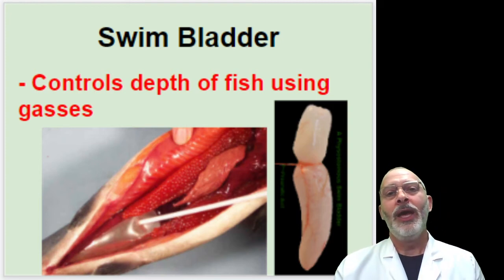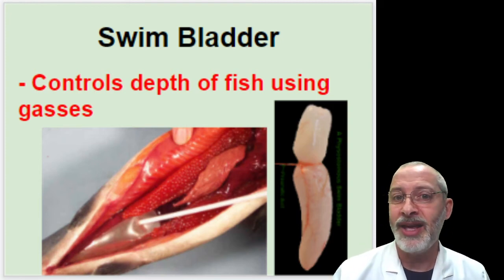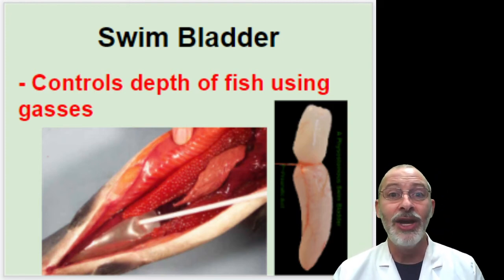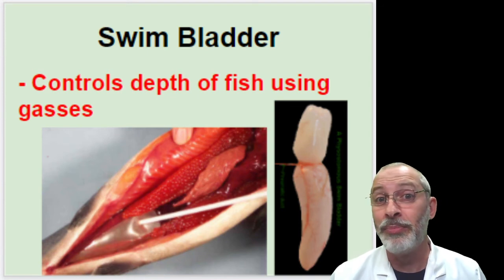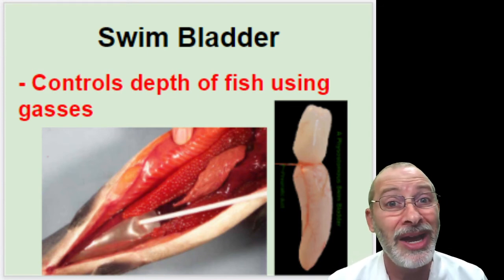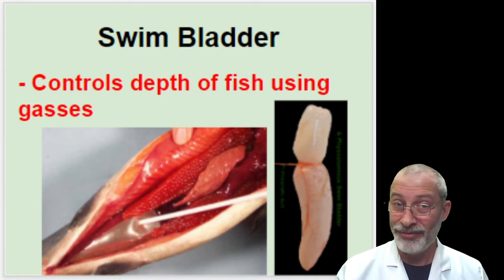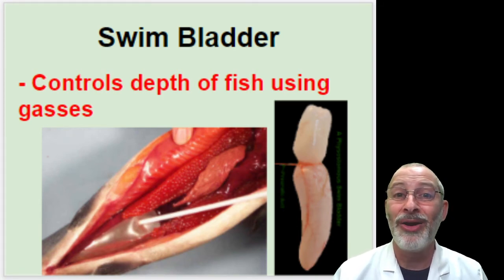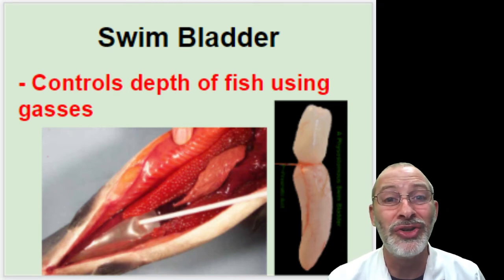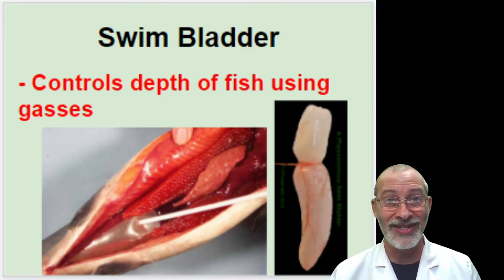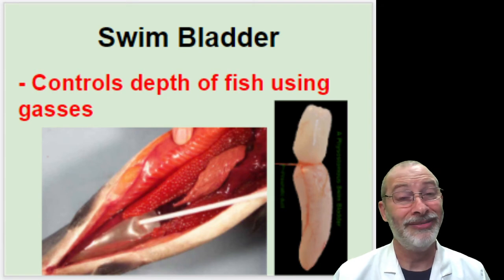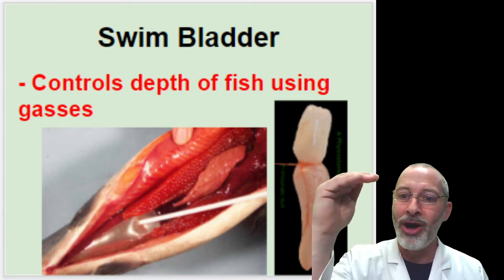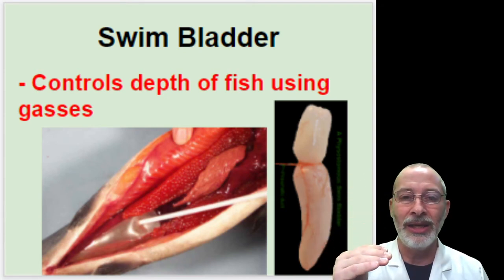Maybe some of you have had contests in a pool, like, hey, who can sit at the bottom of the pool longest? Well, in order to do that, you need to blow the air out of your lungs so that your lungs are not filled with gases, but are rather empty, and it causes your body to sink in the water.